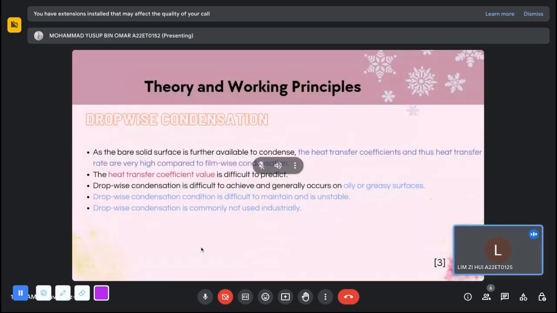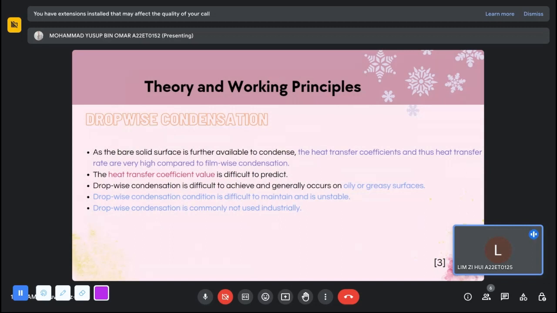For dropwise condensation, as the bare solid surface is further available to condense, the heat transfer coefficient and thus the heat transfer rate are very high compared to film-wise condensation.